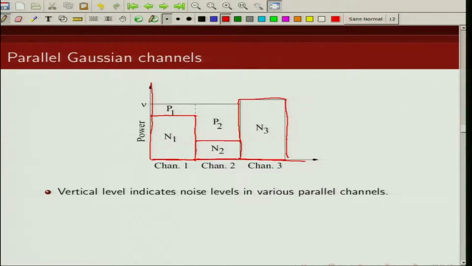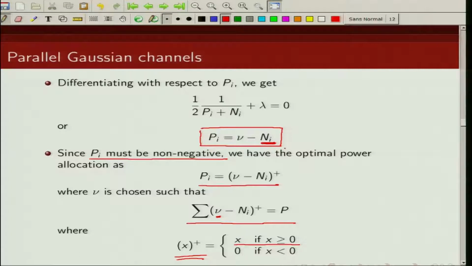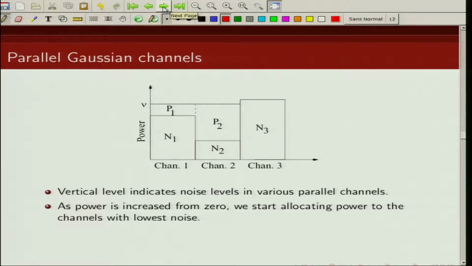That's what the height of N1, N2, N3 means. Now the power allocation strategy that I derived tells me that I should first add power to this channel, then I should start giving power to this channel, and this is my mu, then this channel would not get any power.